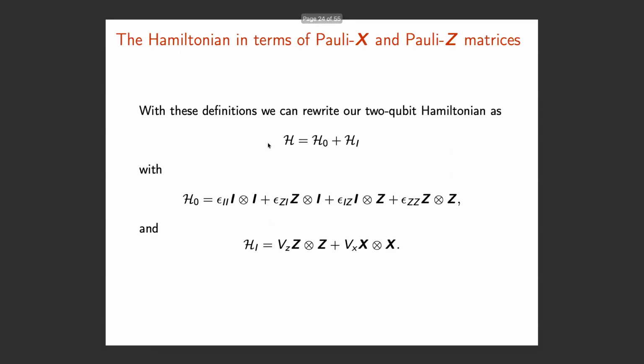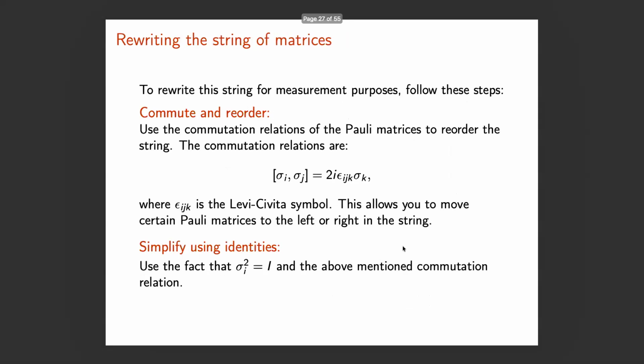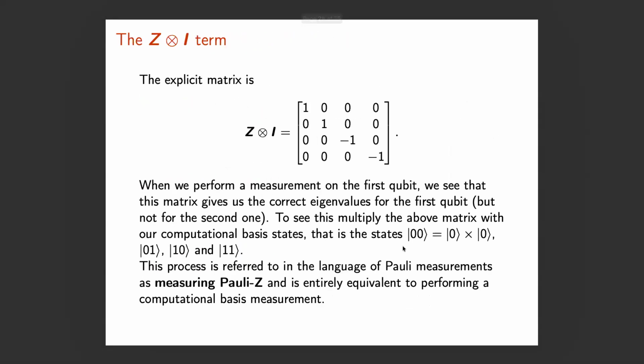If you look at the Hamiltonian here, we would have a Pauli Z times the identity, identity times Pauli Z, tensor product Pauli Z with Pauli Z, and then we have a Pauli X and Pauli X. So this is our Hamiltonian. Now when you perform a measurement on the first qubit, you see that this matrix gives us the correct eigenvalues for the first qubit, but not for the second one.